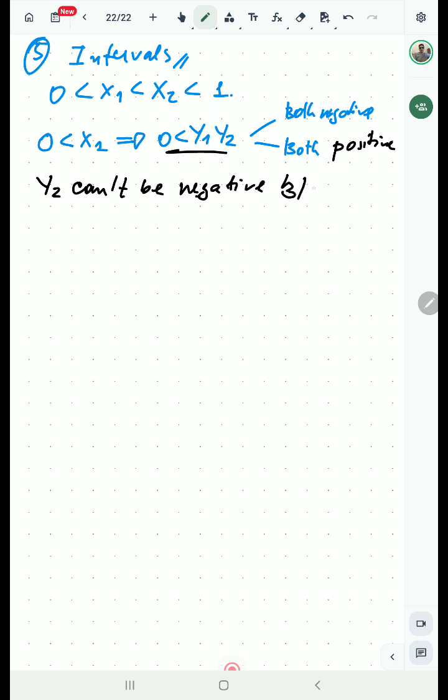Because y2 is equal to x2, and that is always positive, right? So it means that 0 less than x1 implies y1 y2, and both positive.